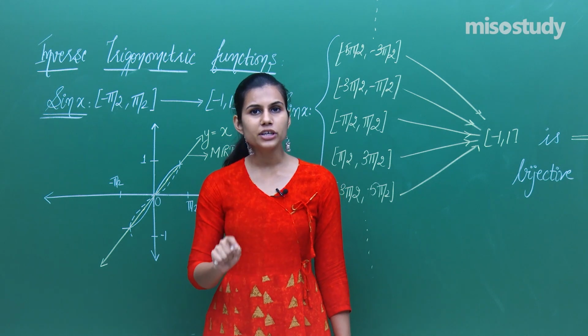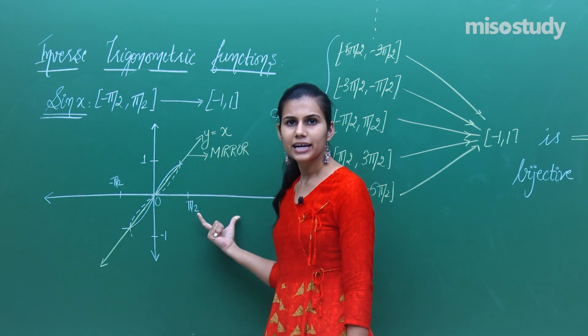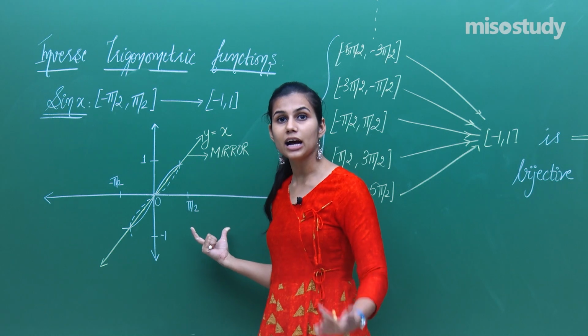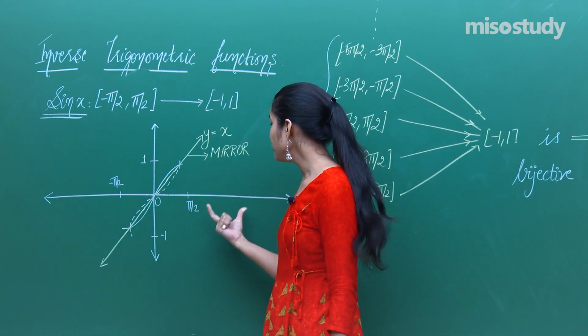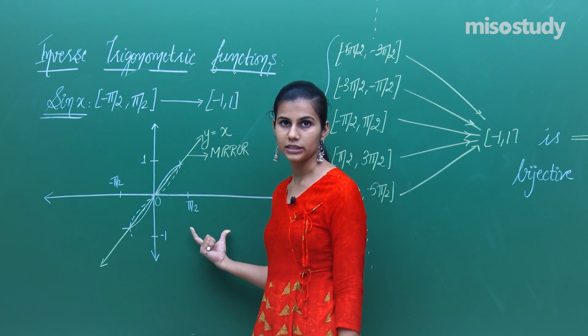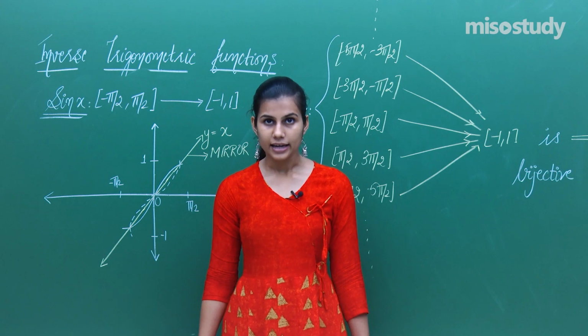When you restrict your sine function to π/2 to 3π/2, some other part of sine function's graph is going to come. Then again you take its reflection along the line y equals x to get the graph of sine inverse from [-1, 1] to [π/2, 3π/2], and that is going to be another branch of sine inverse, right?